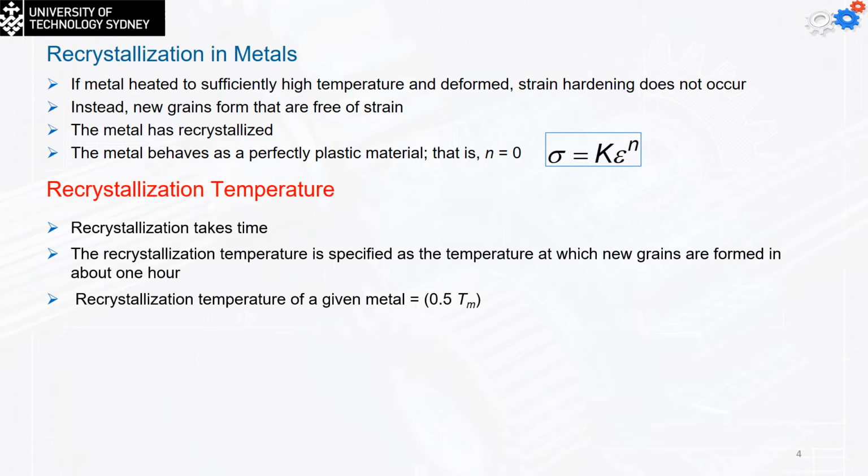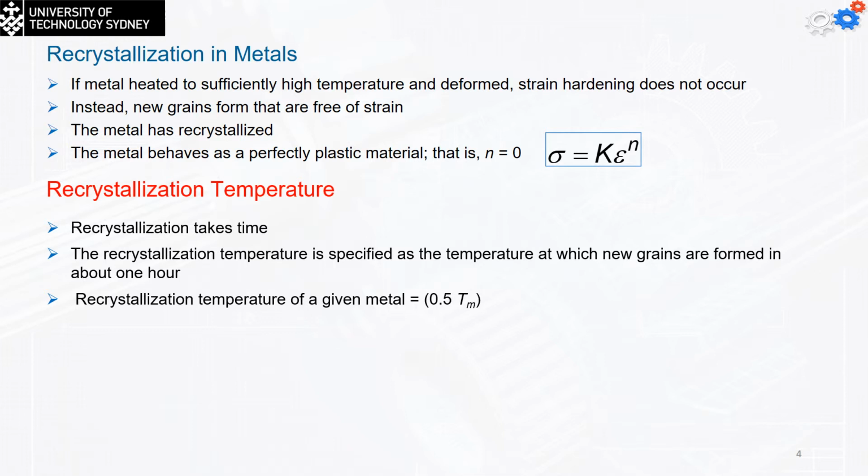Instead, new grains form that are free of strain, and the metal has recrystallized. The metal behaves as a perfectly plastic material if the value of n is equal to 0, and then the equation of stress, which is K multiplied by the strain to the power n, simply reduces. The stress is equal to the K value.